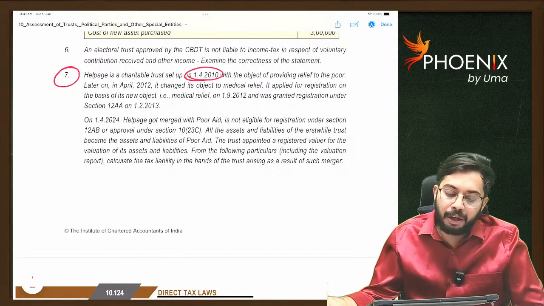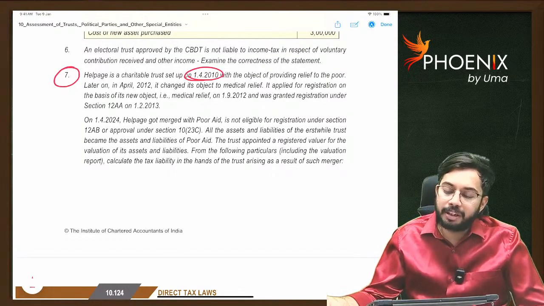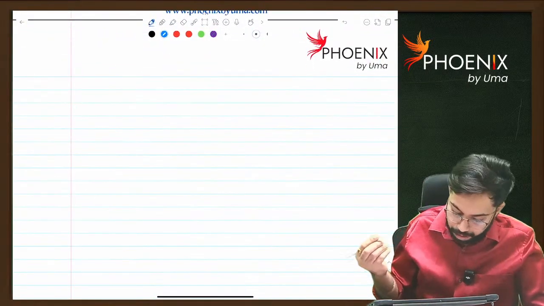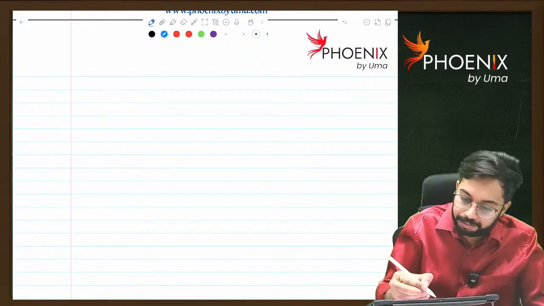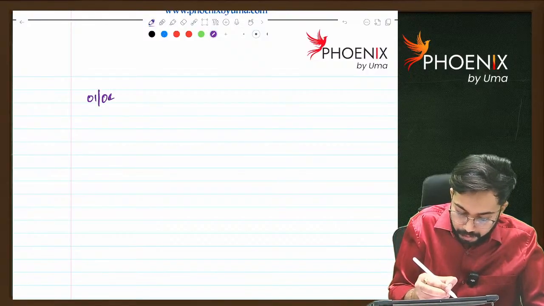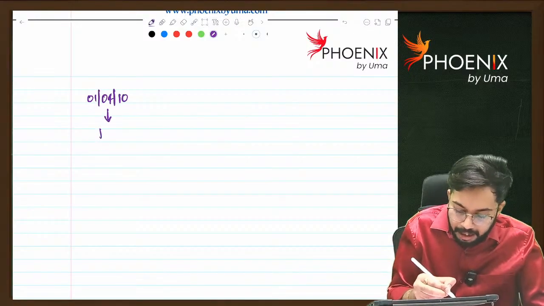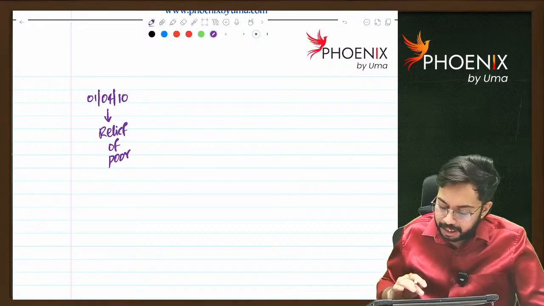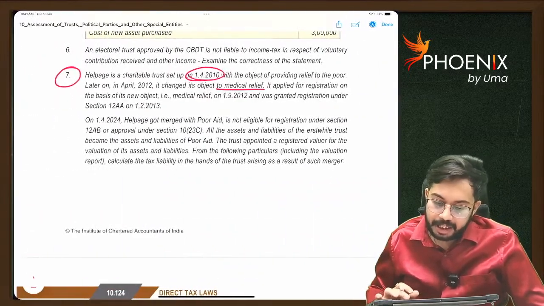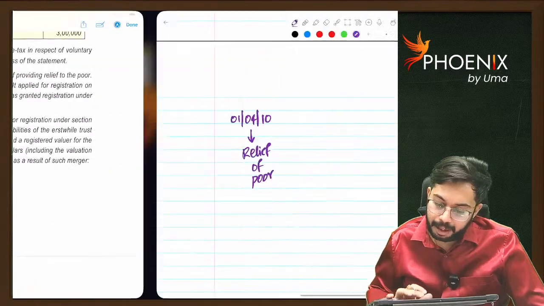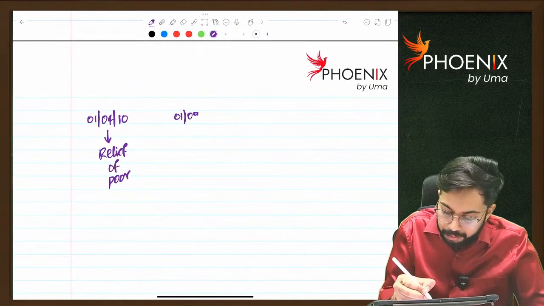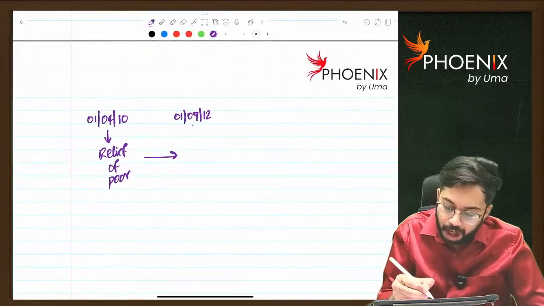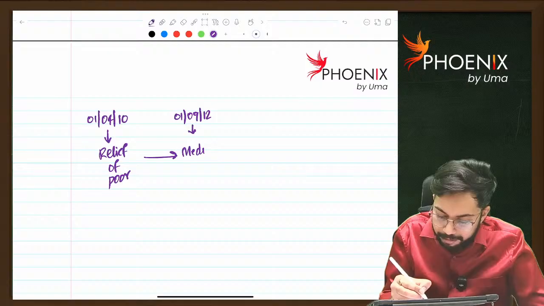Later on, in April 2012, it changed its objects to medical relief. So when it was formed, 1st April 2010, correct? So at that time, objective is relief of poor. When it changed its objects, on 1st September 2012, so the object was changed. What is the objective? The objective is to provide medical relief.